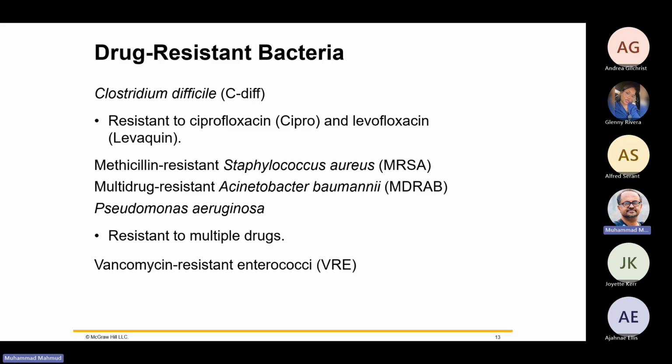This MRSA infection can lead to tissue loss and sepsis. MDRAB, VRE, and Pseudomonas aeruginosa are some other examples. Therefore, the best way to deal with these infections is to prevent them entirely.